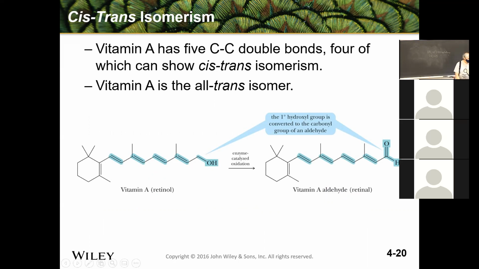Vitamin A, which is also called retinol, has 5 double bonds, 4 of which can show cis-trans isomerism. Not every double bond can be cis or trans.